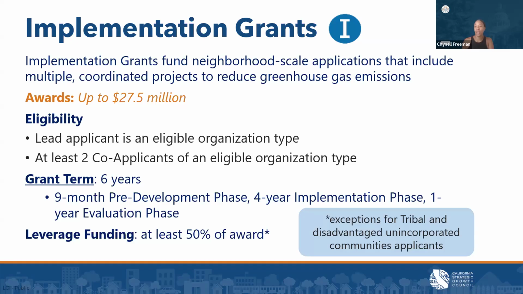A 3-month administrative transition period follows the 9-month pre-development phase, and a 4-year implementation phase to complete all activities, and a 1-year evaluation phase where outcome monitoring and grant closeout will take place.